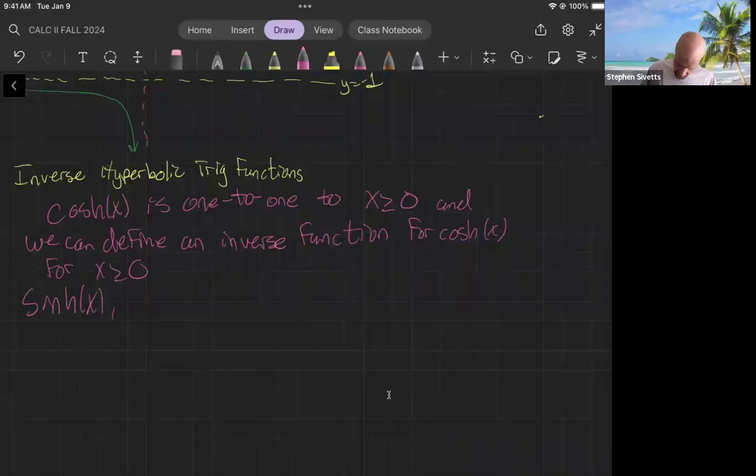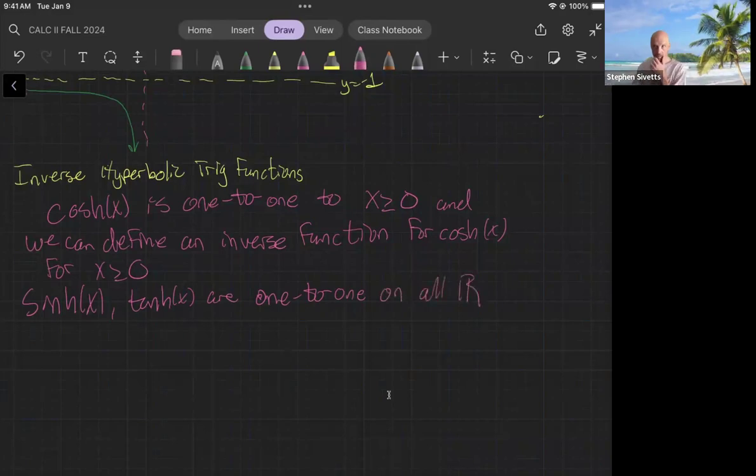Hyperbolic sine and hyperbolic tangent are one-to-one everywhere. I shouldn't say everywhere, on all real numbers. So on the all real number line, right?